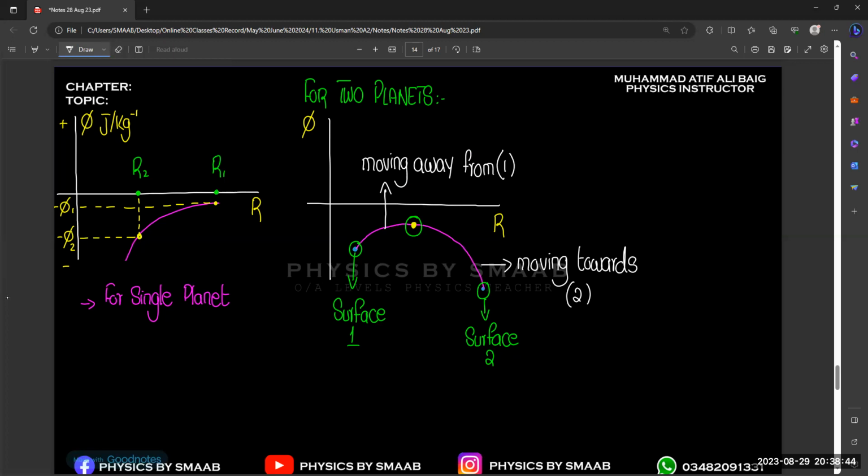So your graph starts from the first value, the central point, and then moves towards point number 2. If you take the reference from graph 2, or surface 2, you can see there is a great change if you mark the value on the y-axis, while from planet 1 the change is very small.